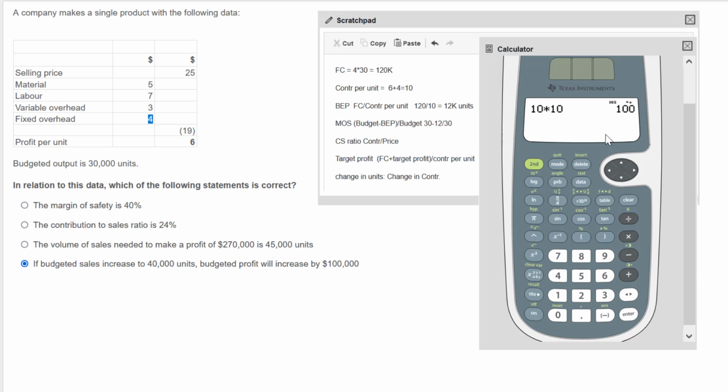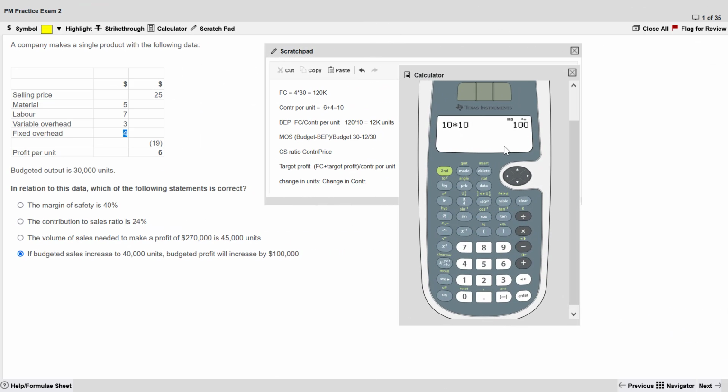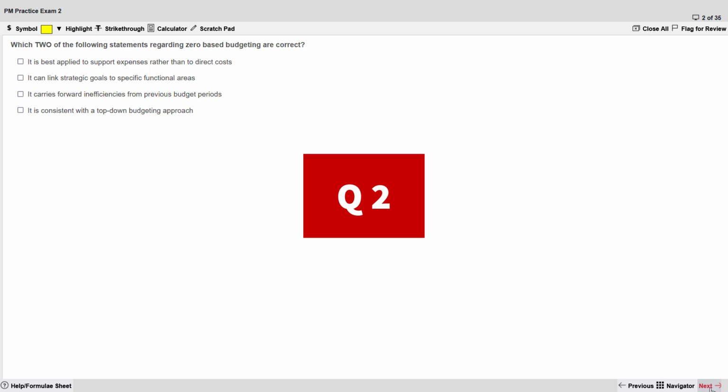Fixed costs won't change, so profit will increase by 100,000. Guys, answer is 4. Wasn't that a tricky question? That's why we go through all of the questions first and do the easy ones first. I would come back to this one at the end and then just take a guess if I ran out of time. Moving on to question 2.